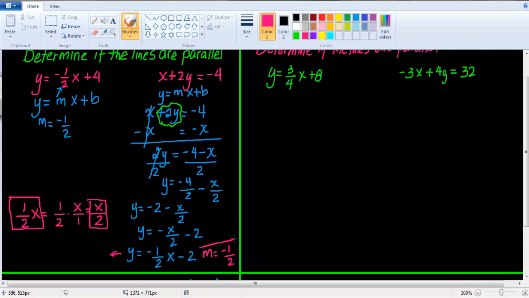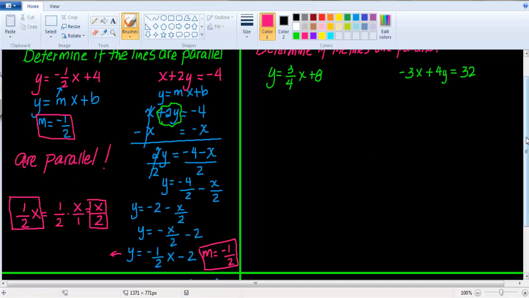That means that the slope for this equation is equal to the slope of this equation. Therefore, I can say that both of these lines are parallel because their slopes are equal.